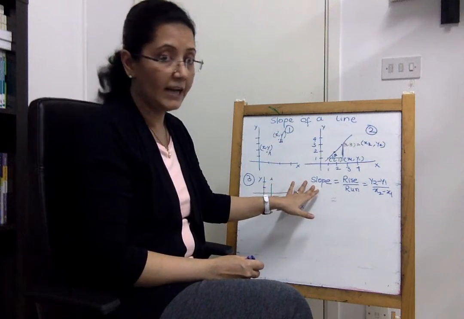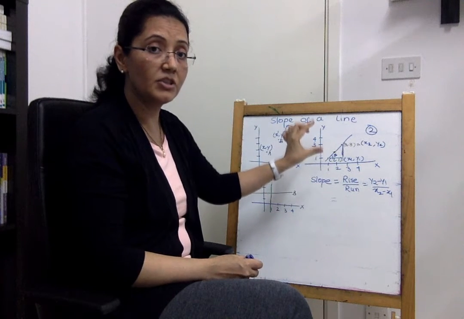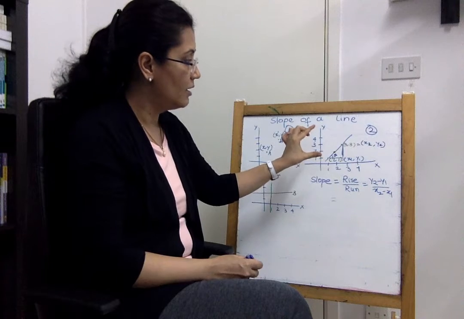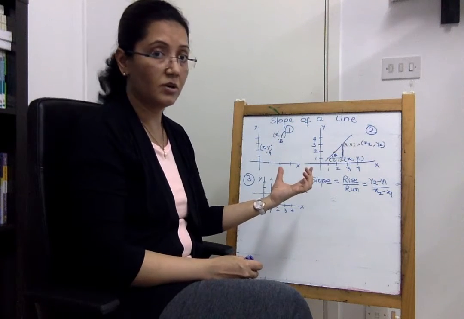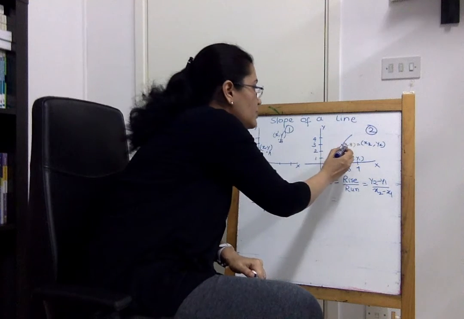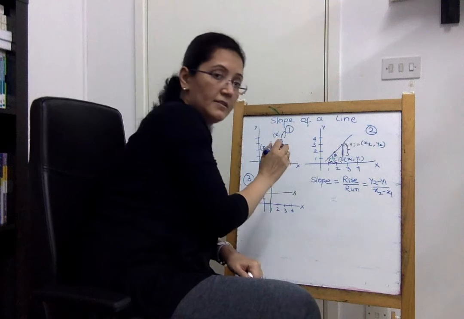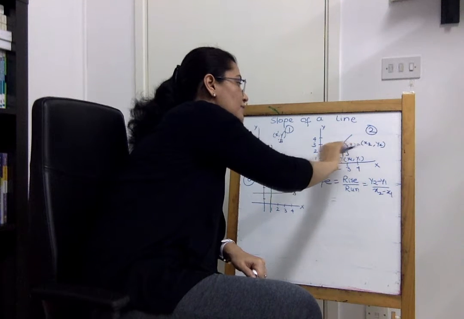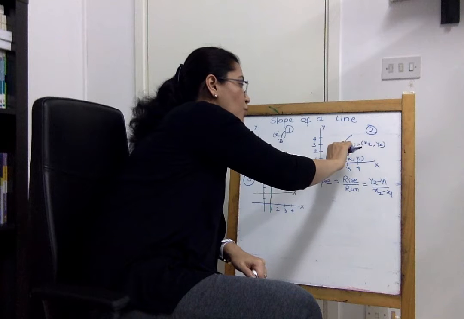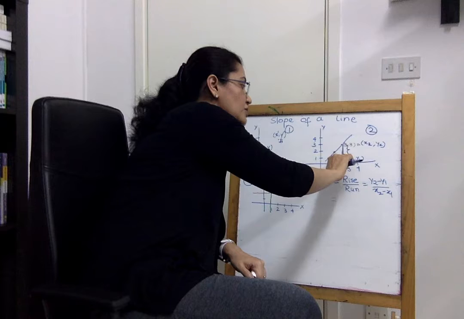Slope of any line is given by rise over run. Rise means the change in the y coordinate, divided by run, which is the change in the x coordinate. It means how much is the change in y divided by how much is the change in x. The difference in y is the highest point of y, that is y2, minus the lowest point of y, which is y1.